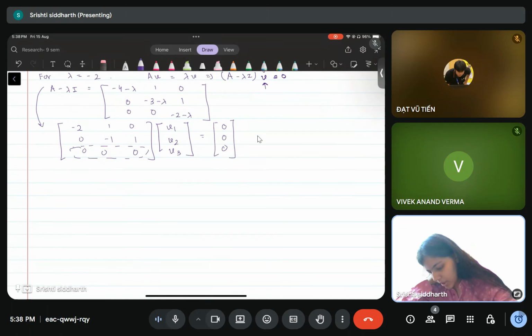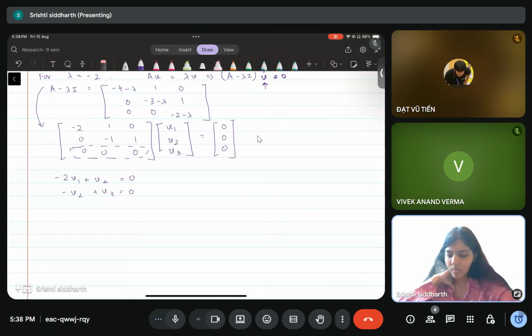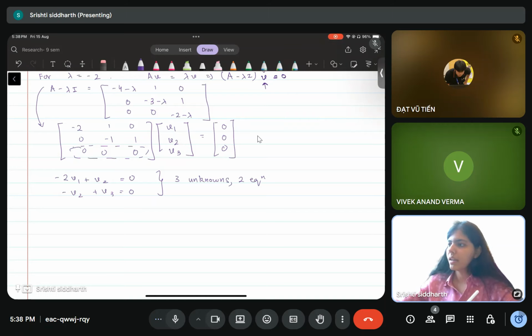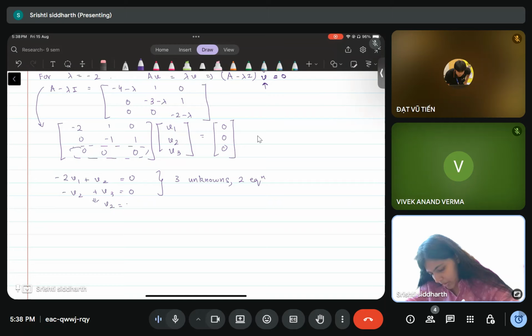The equations are -2v1 plus v2 equals 0, and -v2 plus v3 equals 0. So we have three unknowns and two equations. This implies that v2 equals v3.